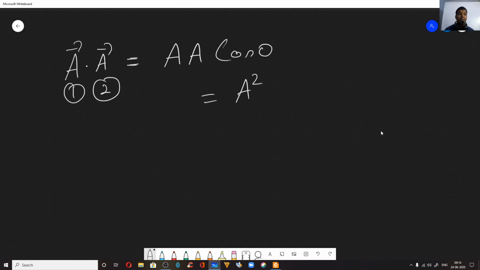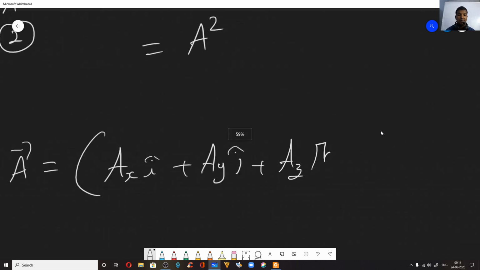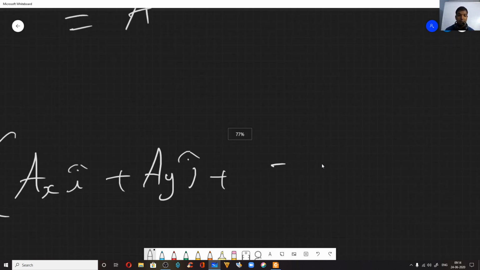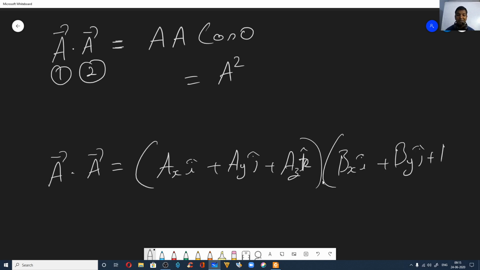Fine. Now if you do the same thing in the Cartesian coordinate system, you would write it like this: ax i cap plus ay j cap plus az k cap, dotted with, again, ax i cap plus ay j cap plus az k cap.